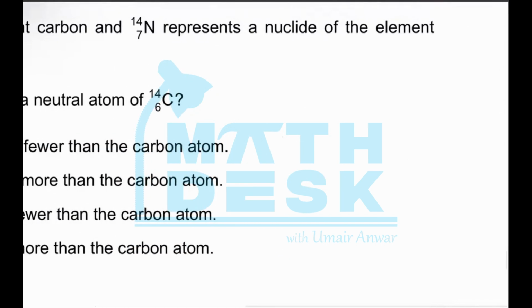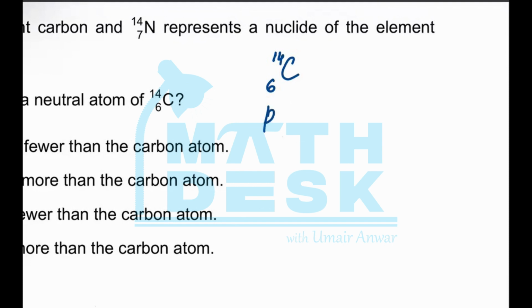So if we analyze the details of carbon 14-6, it means that number of protons are 6, number of electrons would also be 6 since it is a neutral atom, and number of neutrons would be 14 minus 6 equal to 8.